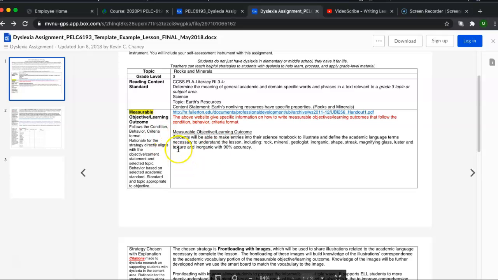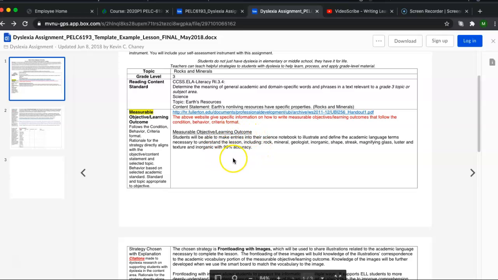A measurable objective: Students will be able to make entries into their science notebook to illustrate and define the academic language terms necessary to understand the lesson, including rock, mineral, geologist, inorganic, shape, streak, magnifying glass, luster and texture, with 90% accuracy.